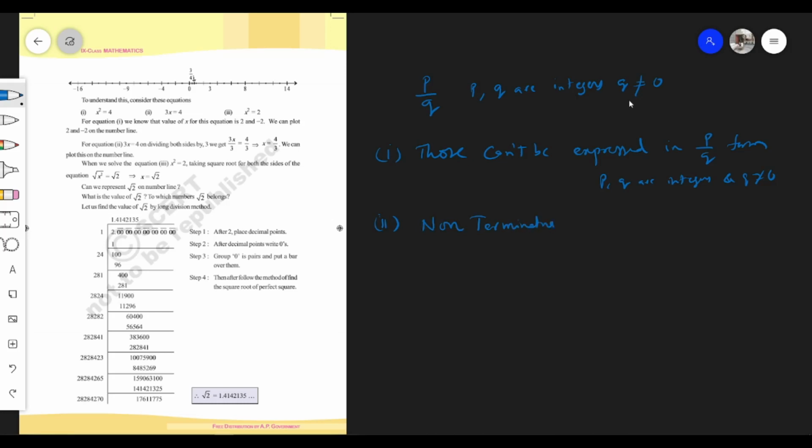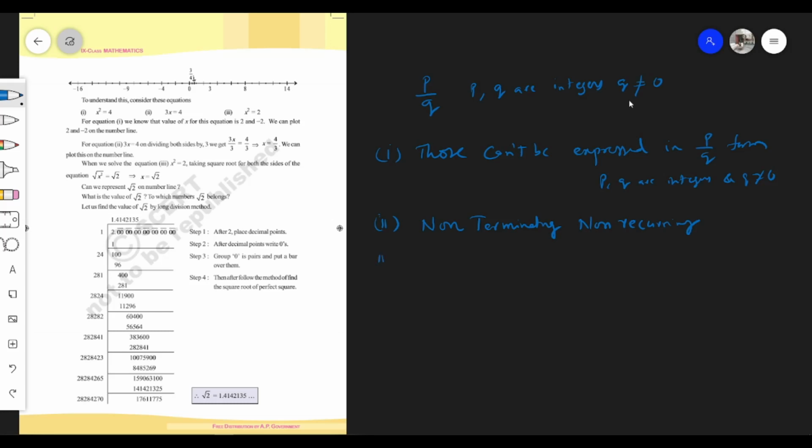This is the third one of our categories: first terminating, second non-terminating recurring, and the third non-terminating non-recurring. Are there any such numbers? We have not discussed these things.